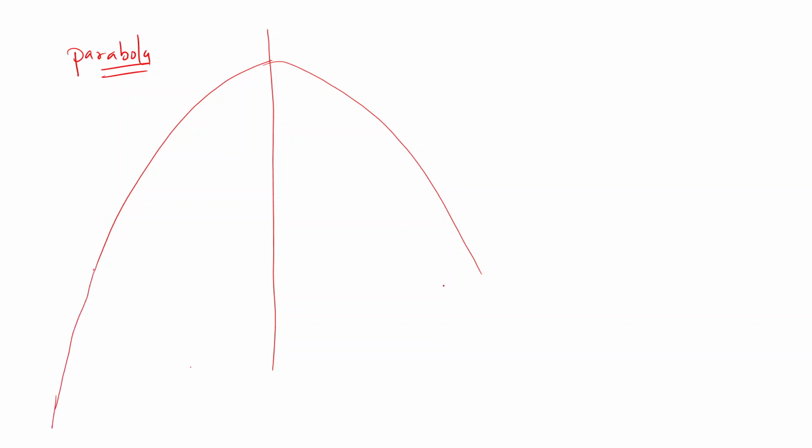Consider these points far away from the vertex of the parabola. Far away from the vertex, the parabola tends to get parallel to its axis. Take a look at this standard parabola, y squared is equal to 4ax, and it's like this.